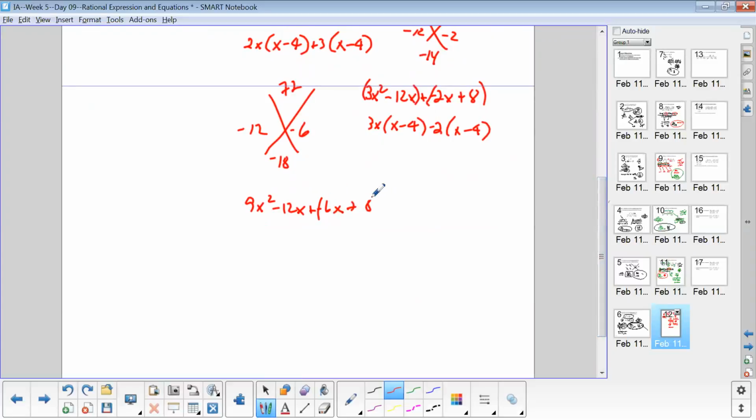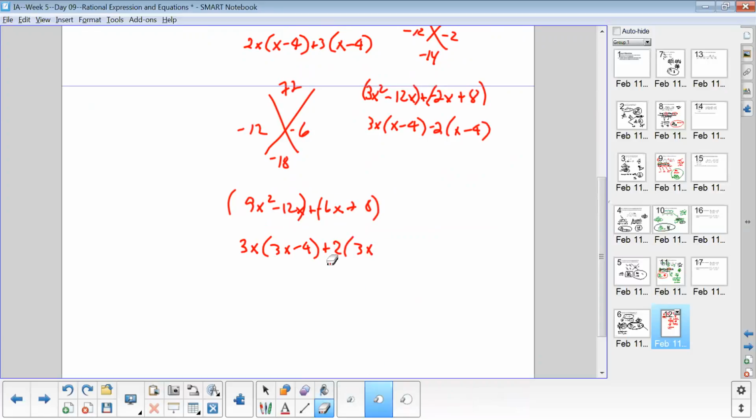So we're going to group factor, so this GCF will be 3x, so that'll be 3x minus 4, and 6x and 8 would be 2, so that'll be 3x, and since that's a negative, I forgot that, so I'll be careful there. That's a negative, it's kind of hidden there.